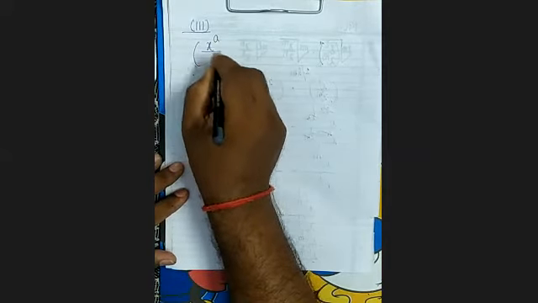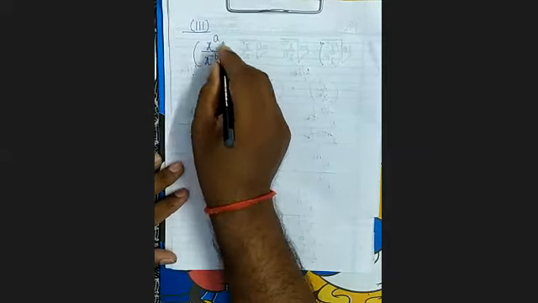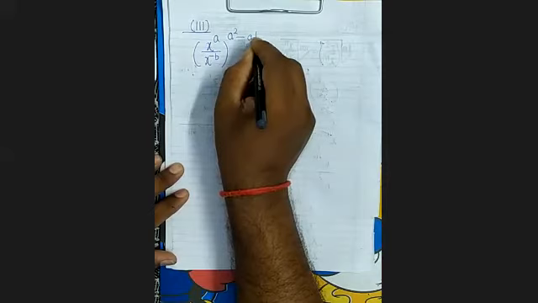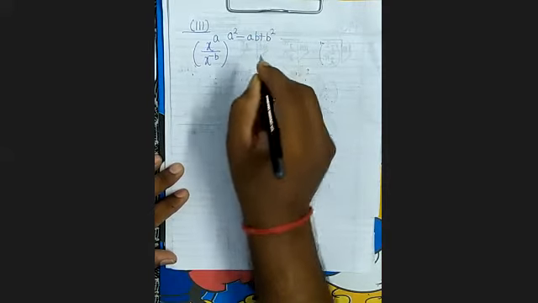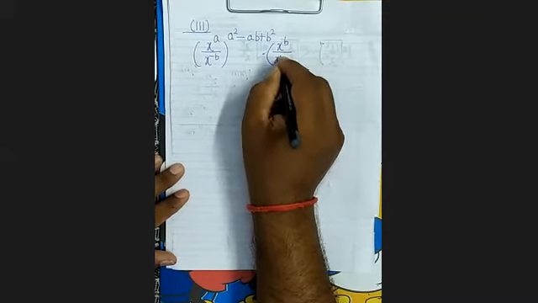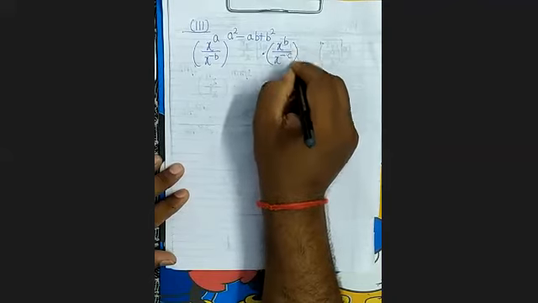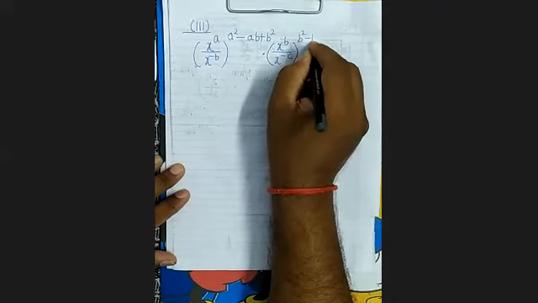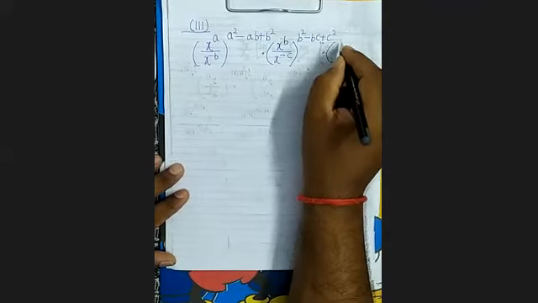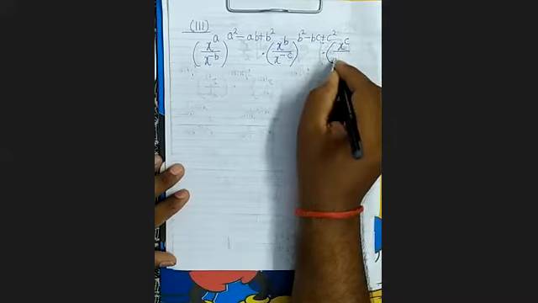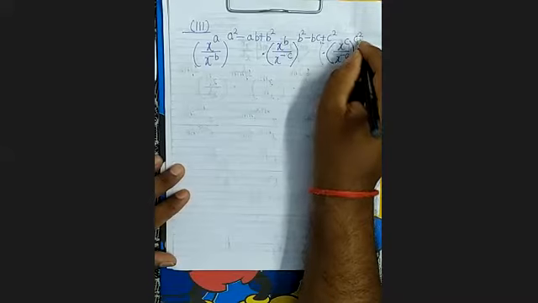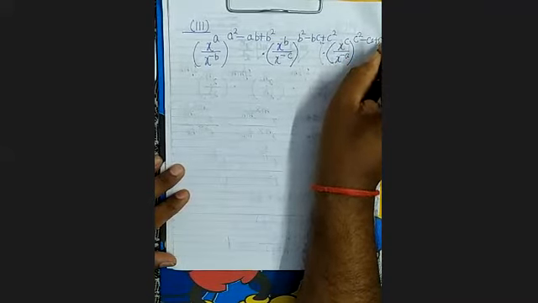x power a upon x power minus b, whole power a square minus ab plus b square. Then x power b upon x power minus c, whole power b square minus bc plus c square, into x power c upon x power minus a, whole to the power c square minus ca plus a square.